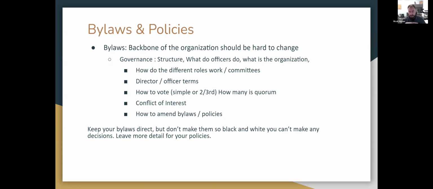So bylaws should be the backbone. These should be the most difficult things to change in the organization, but that also means you want to keep them very rigid, but also you don't want to get to the point where you can't make any decisions and you can't make things happen. So you want to make sure that your bylaws are very strict as far as what they define, but also it doesn't pigeonhole you into, oh, well, we need exactly this, and then we can't do anything. That's where I say you have a place for bylaws and you have a place for policies.